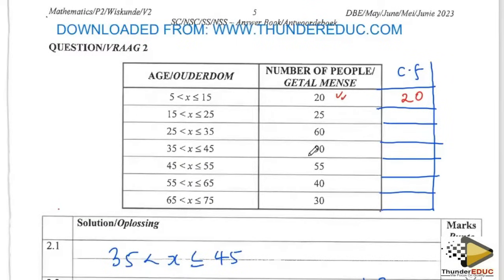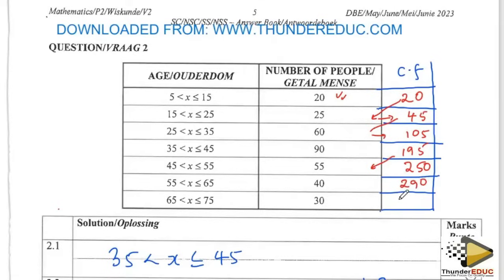Then for the next cumulative, I just add 20 plus 25, I get 45. Then 45 plus 60, I get 105. Then 105 plus 90, I get 195. Then 195 plus 55, I get 250. 250 plus 40, I get 290.